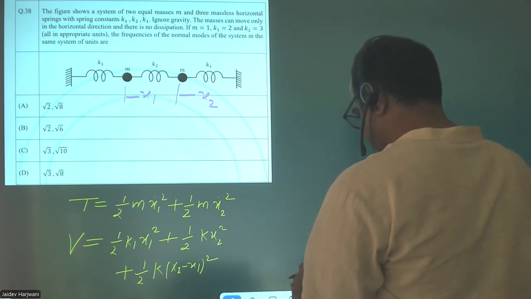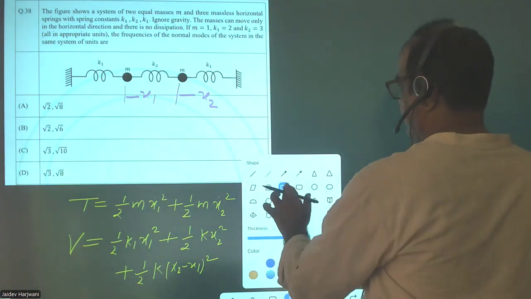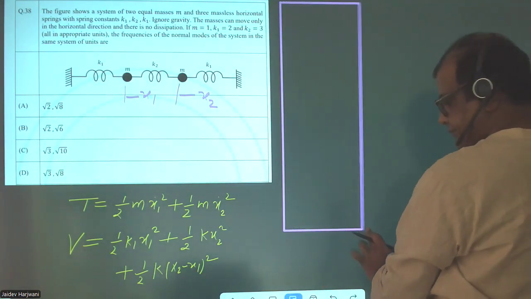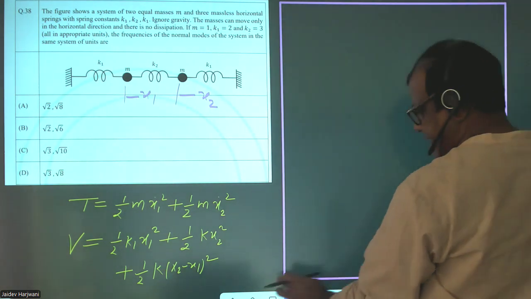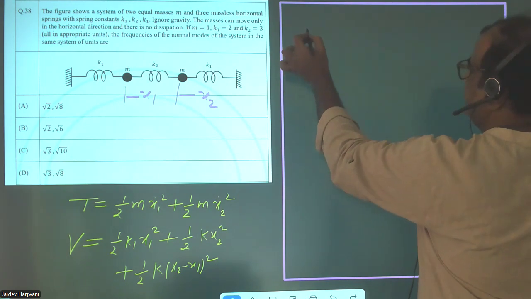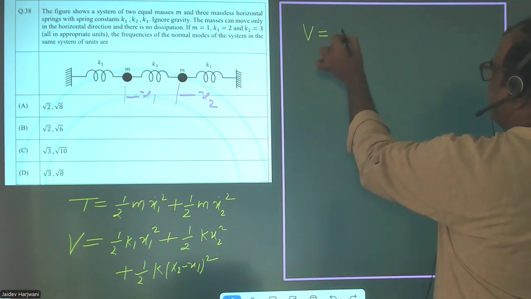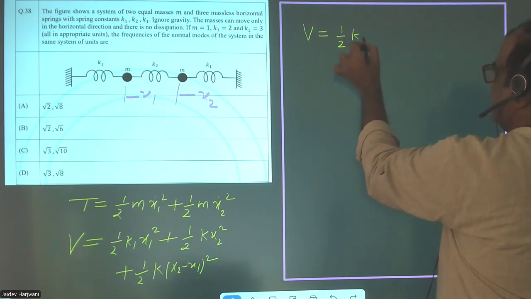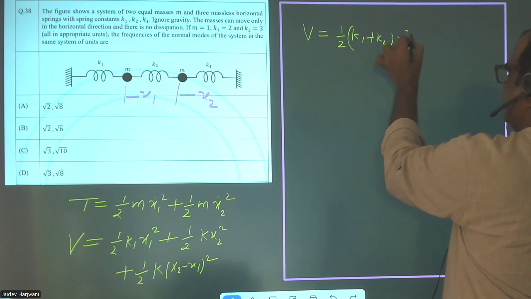Now let us write the matrix elements. So I can write the potential energy V as half (k1 plus k2) x1 square.